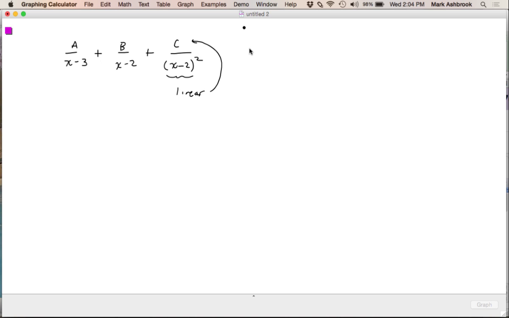And so our unknown numerator, we're always going to make it 1 degree less than the denominator.